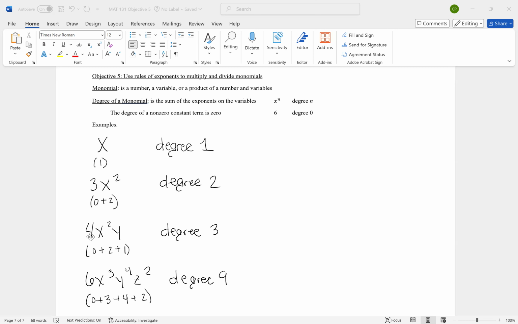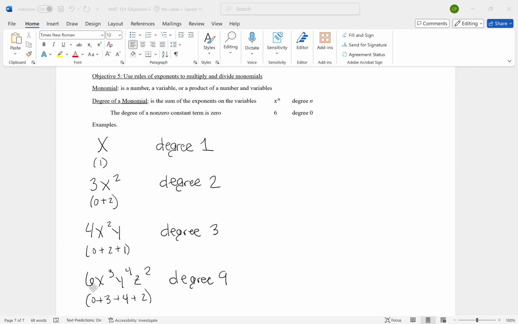Next, if we had 4x squared y, the degree of 4 would be 0. The degree of x squared will be 2, and the degree of y will be 1. When we add that all together, we will have degree 3.